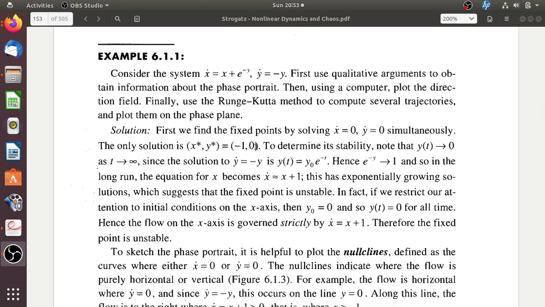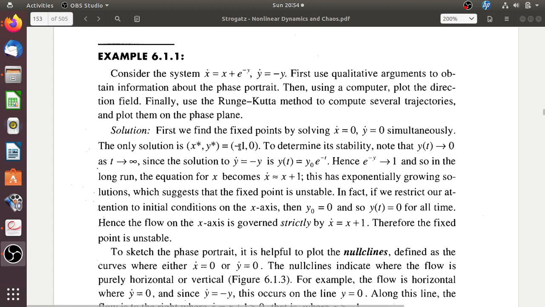If we give a little disturbance from this point along the x-axis, what do we get? But maybe before that, let's give a little disturbance along the y-axis, because this doesn't have the dependence on x.